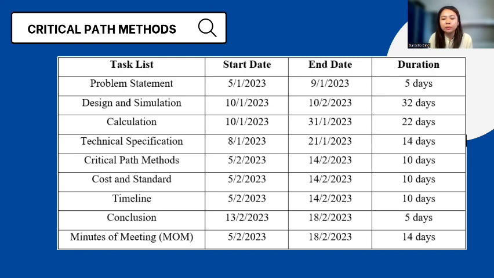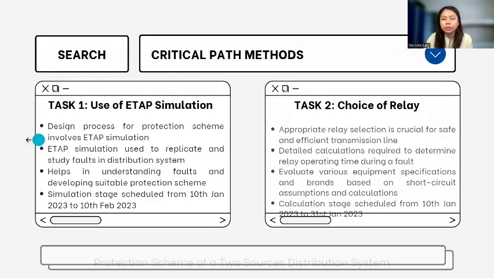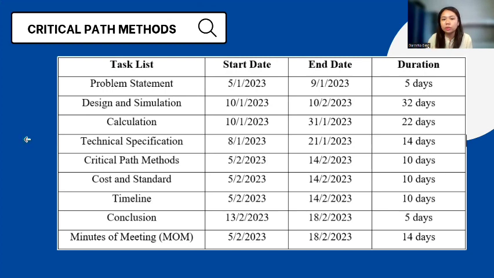Then minute of meeting is 2 weeks, from 5th of February until 18th of February. So the total time for completing this project is about 44 days, which is almost a month and a half.